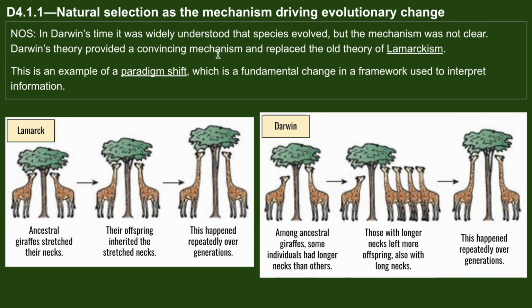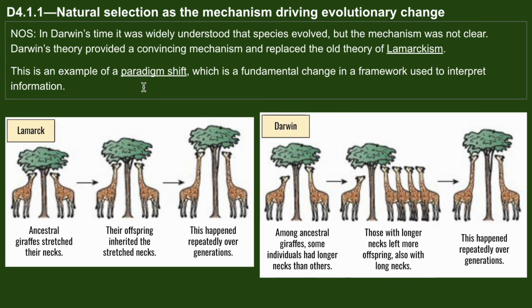So in Darwin's time, it was widely understood that species evolved. The mechanism was not clear. Darwin's theory provided a convincing mechanism and replaced the old theory of Lamarckism, but it was a difficult journey for him. There's a lot of great movies that have been made about Darwin's life. If you're interested, you should take a look at them because this was a massive paradigm shift.